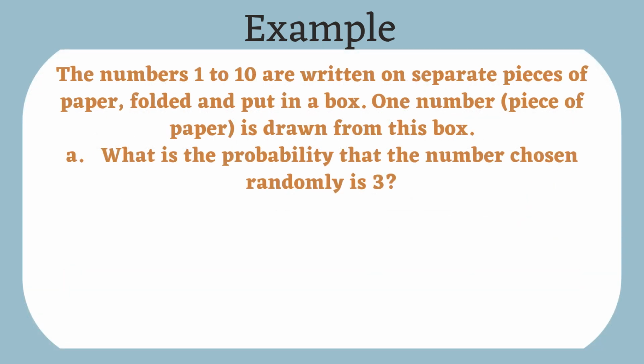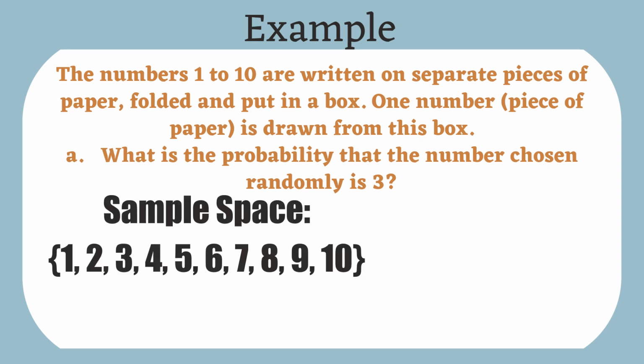Let's have another example. The numbers 1 to 10 are written on separate pieces of paper, folded and put in a box. One number is drawn from this box. What is the probability that the number chosen randomly is 3? So the sample space here consists of the set of numbers from 1 to 10. So we have 10 possible outcomes for this problem.